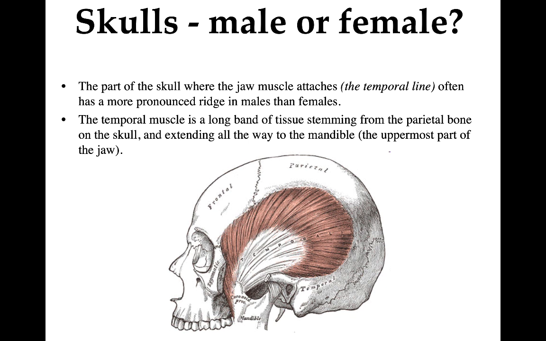Because males tend to have larger jaws than females, that muscle is bigger and it leaves a bigger impression in the skull than it does on a female. So you can actually look at just the temporal line, is what they call it, from that muscle.